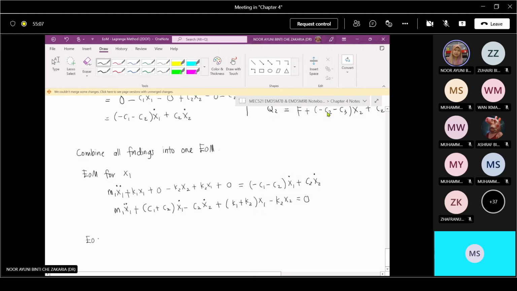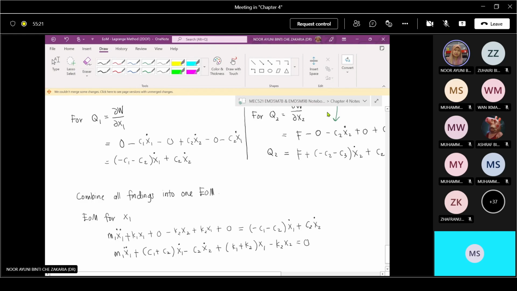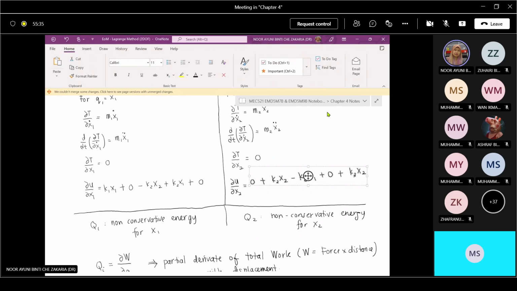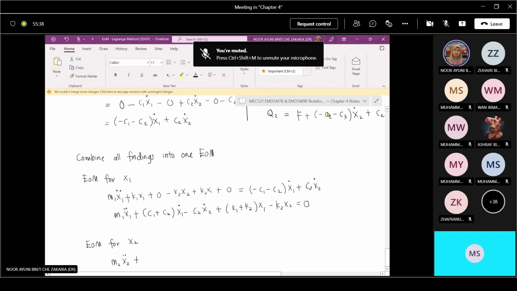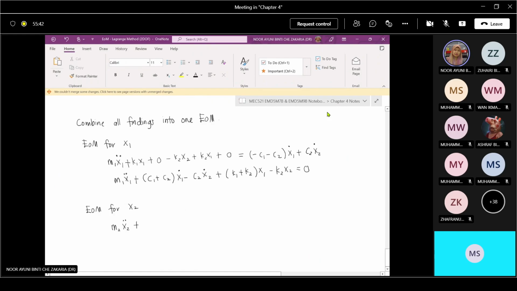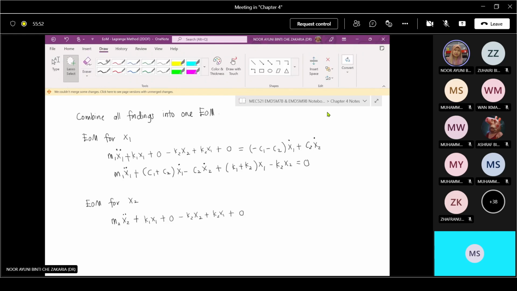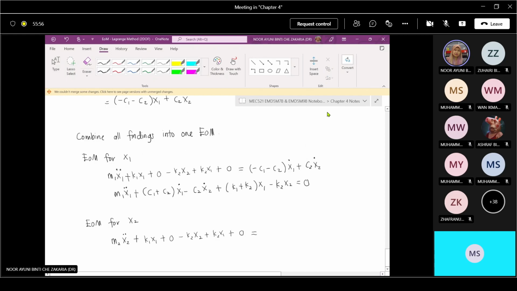And then equation of motion for X2. So I'm going to have M2 X2 double dot with K, the partial derivative of U. Partial derivative of U and equal to Q2.